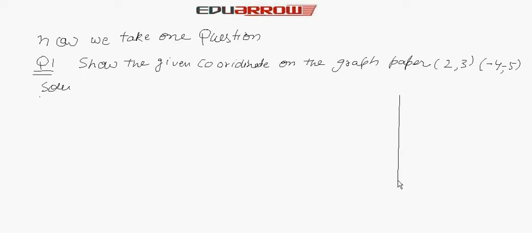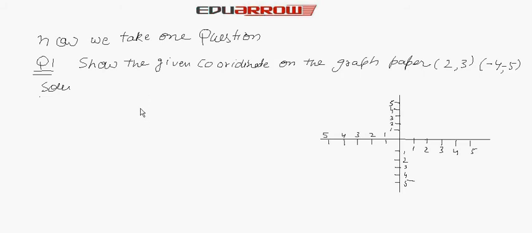Show these points now. Point P is (2, 3) and point Q is (-4, -5), and this is the x-axis and this is the y-axis.